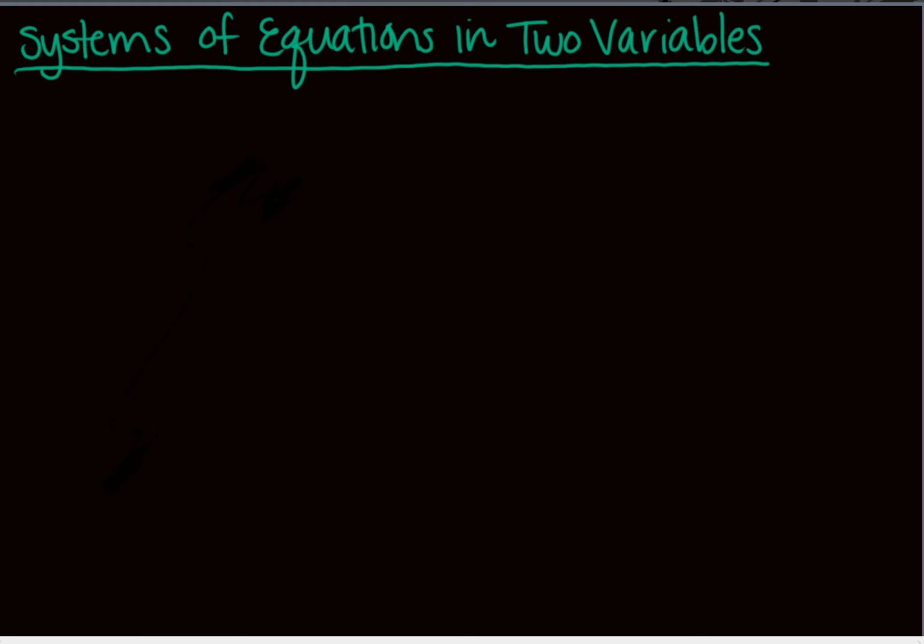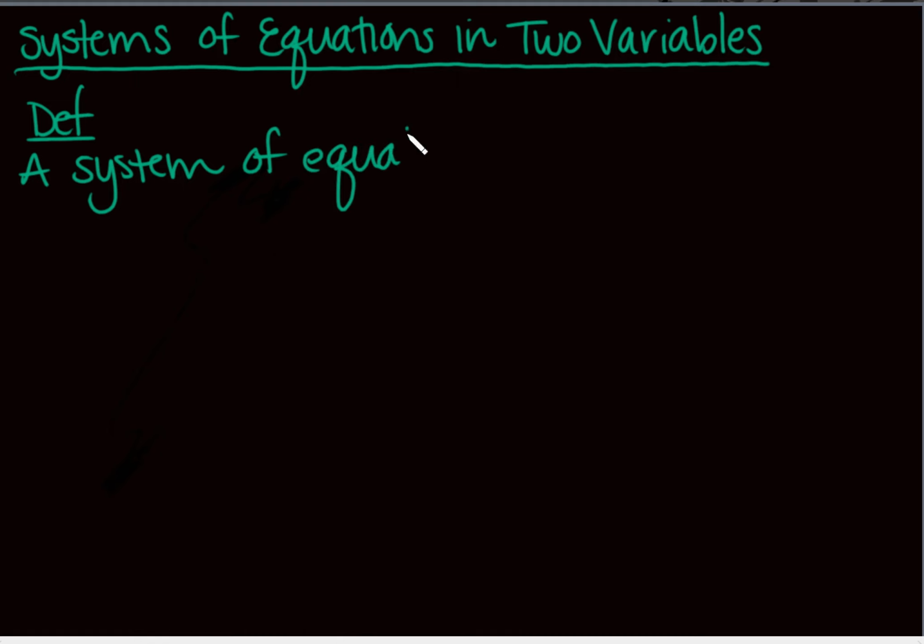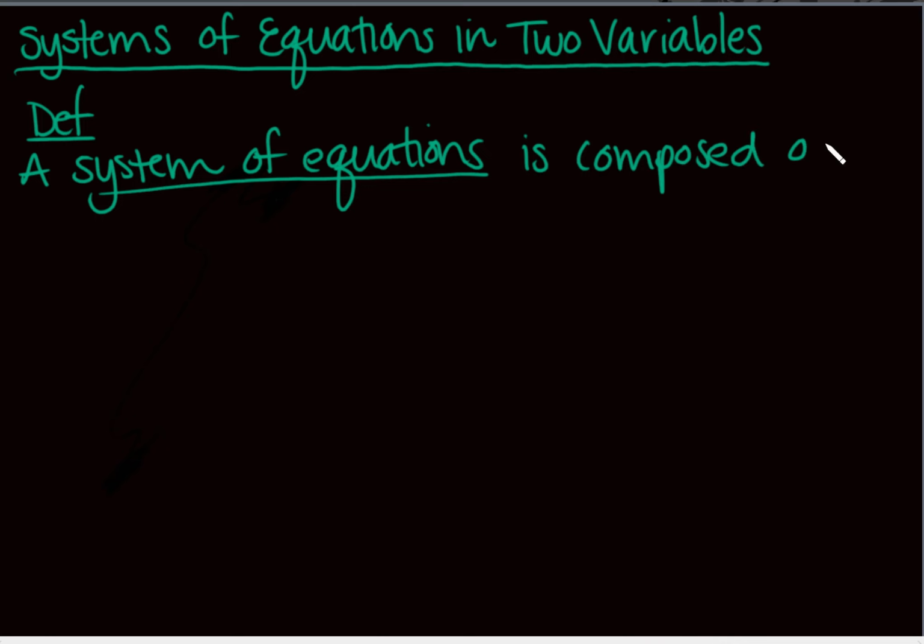So, just a quick definition. A system of equations, so it doesn't have to be just two, but we're just going to look at two for right now. So a system of equations, okay, it's composed of two or more equations. Gotta have more than one, right, if we're going to have a system.